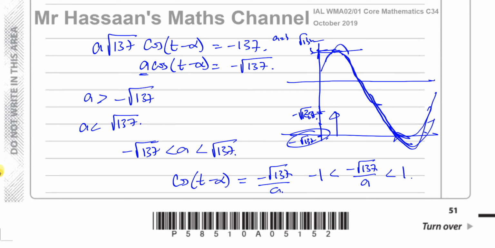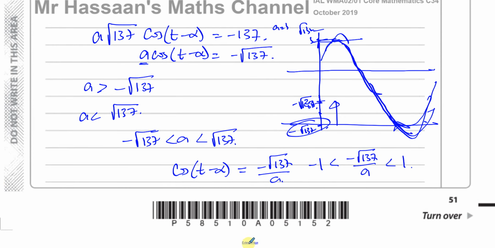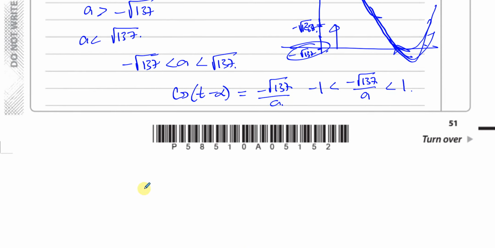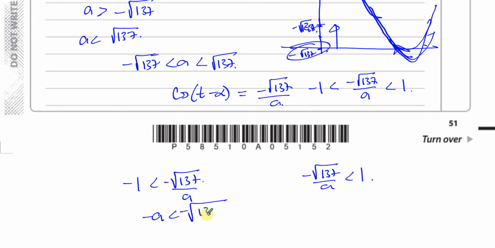So we have two inequalities here. I'll just carry on over here just to show. One inequality is that minus 1 is less than minus root 137 over a, and the other one is minus root 137 over a is less than 1. Now I can multiply both sides by a, and I'll have minus a is less than minus root 137.